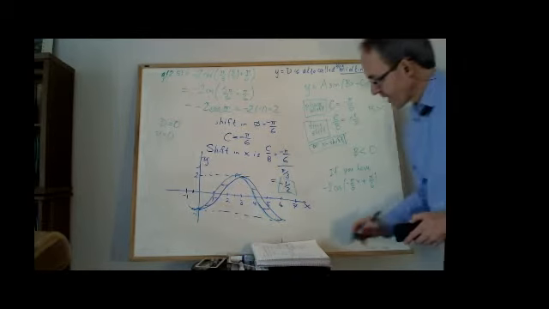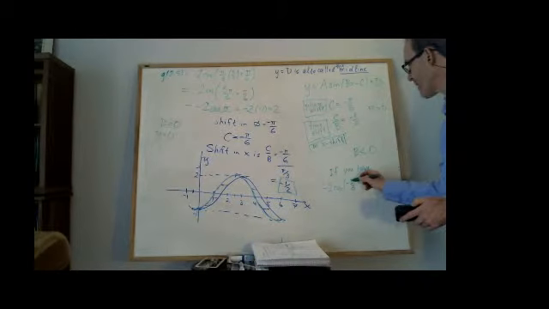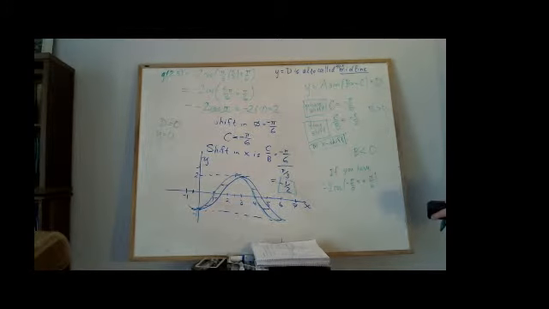Where was the equation again? Yeah, you change the plus to minus in front of the first term here in the argument, then that will reflect about the y-axis, right?